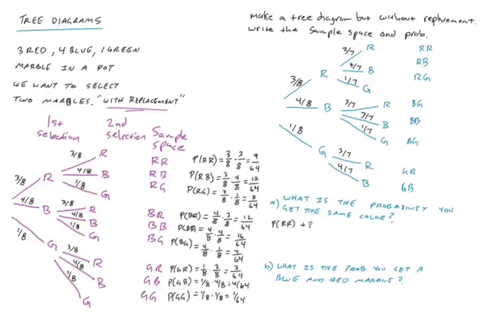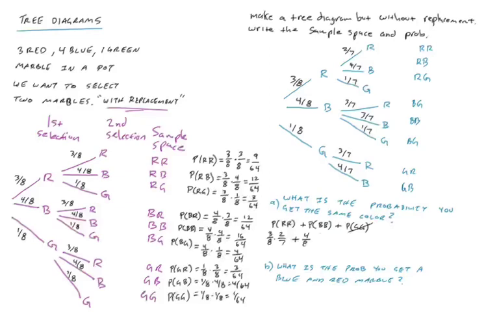Okay, so if we want the same color, that means we're going to get red, red, blue, blue, or we could actually get green, green, right? But we know that there's no way to get green, green because there's only one green marble. So the probability to get red, red here, let's just follow the path. That's going to be this path right here leading us to red, red. So that's going to be 3/8 times 2/7.